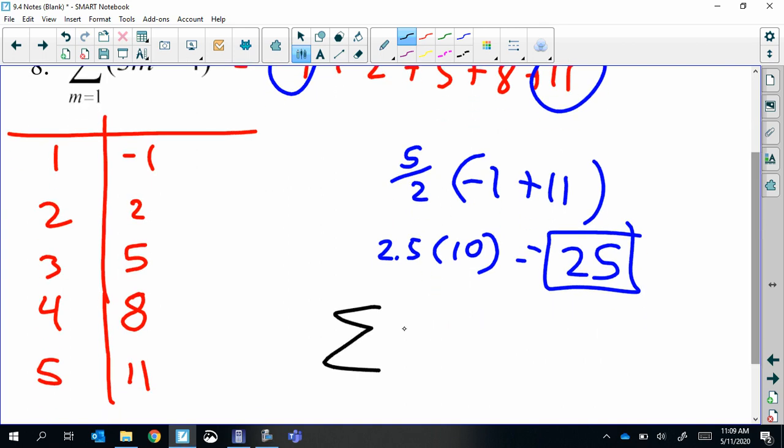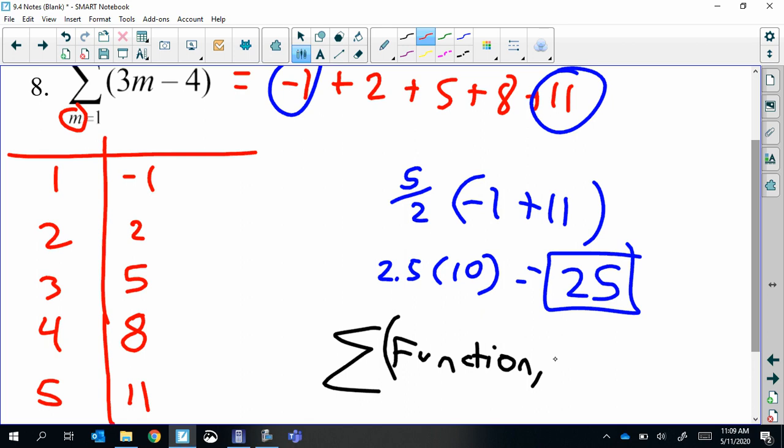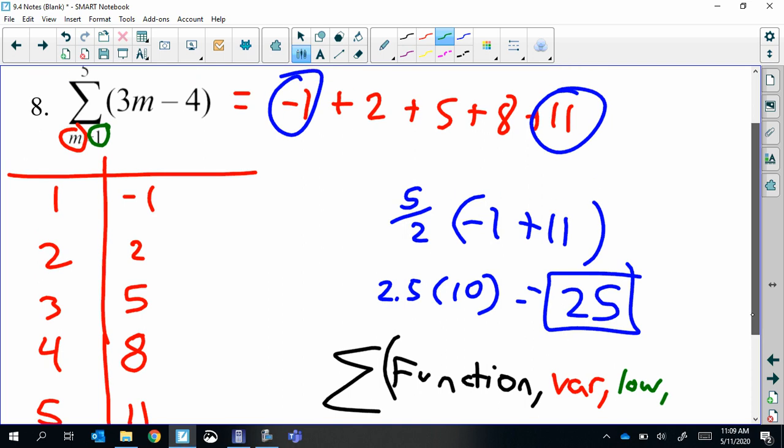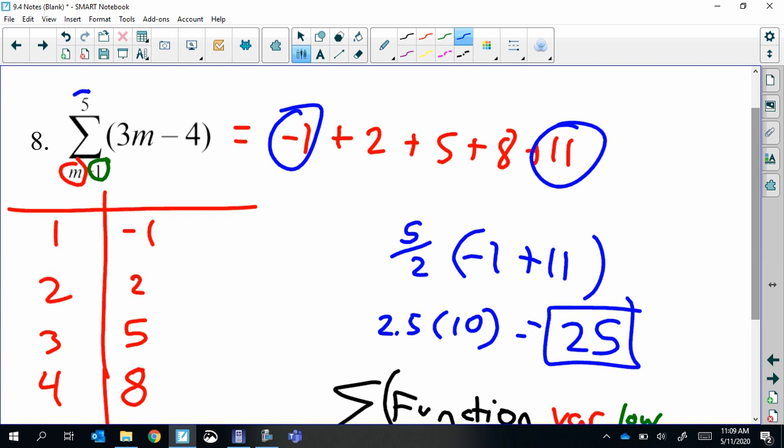is sigma, and then you type in the function, comma, I'll switch colors here to color code it, and then the variable, comma, the lower limit, comma, and then lastly the upper limit.